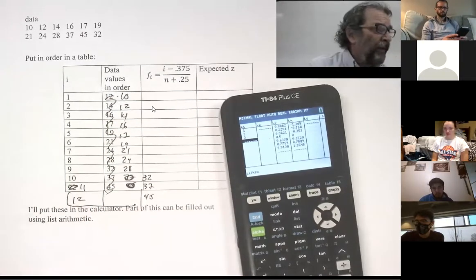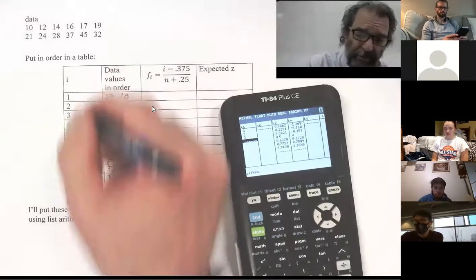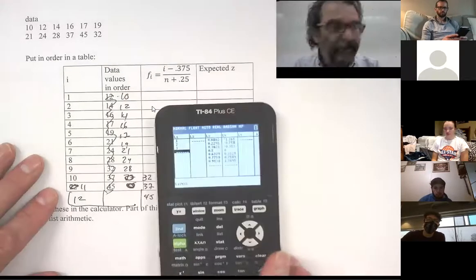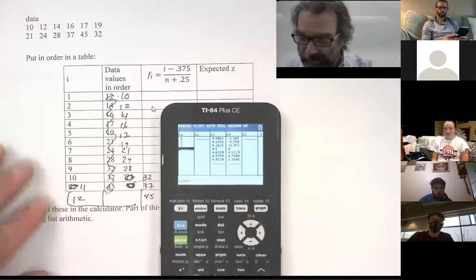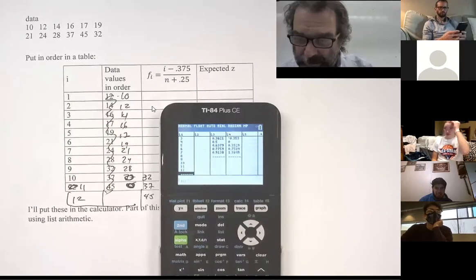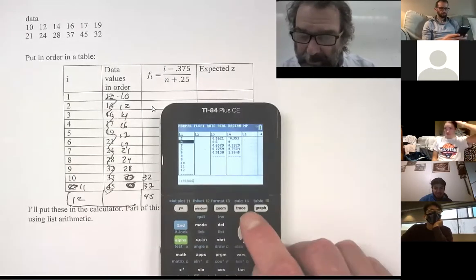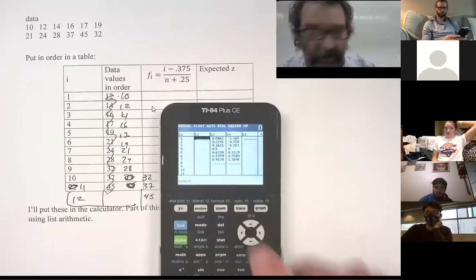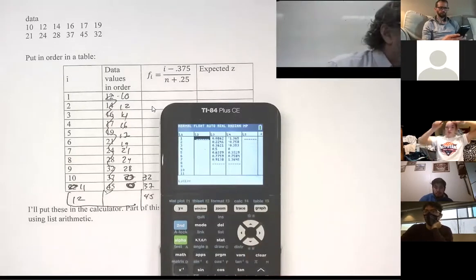Now I've got the data in order. This is the i value, 1 through 12. I'm typing them here so the calculator will be clean. My paper is going to be ugly. So there's the row numbers, and now the data.